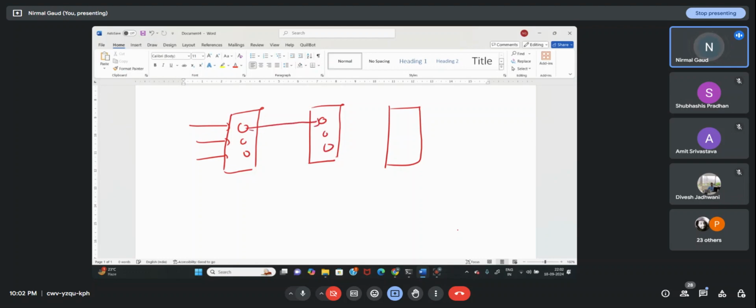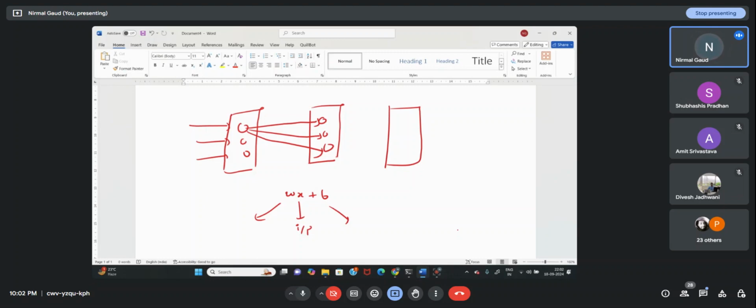Every neuron is connected to every neuron of the next layer, and the math applied here is Wx plus b, where W is the weight, X is the input, and B is the bias.